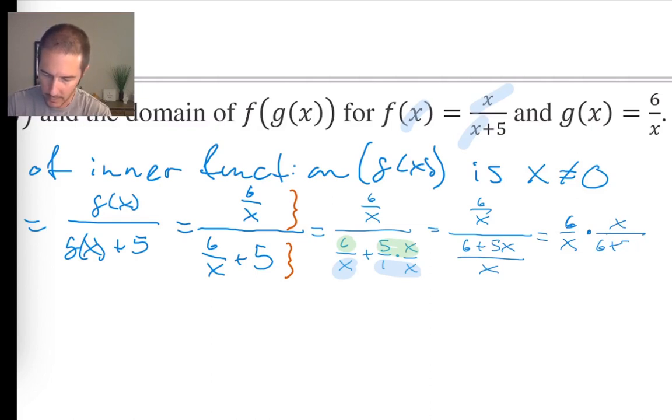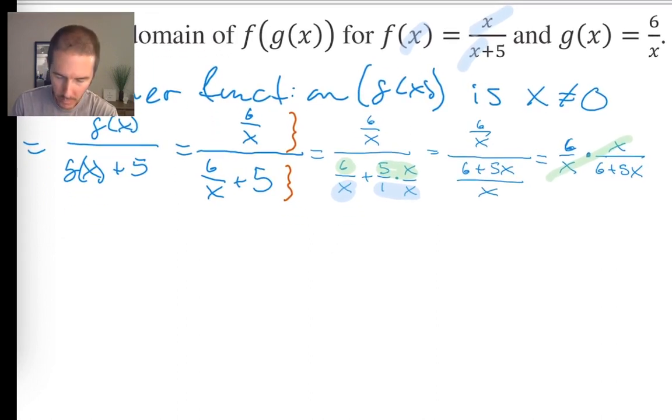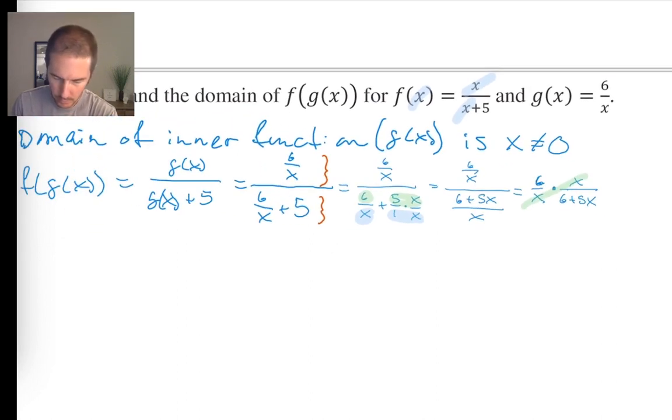That kind of ran together. 6 plus 5x. There we go. And in fact, these x's are going to cancel right here, which leaves us with, let's come over to here, and I'm going to write this as 6 over 6 plus 5x.